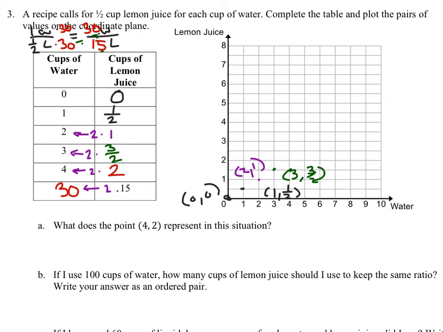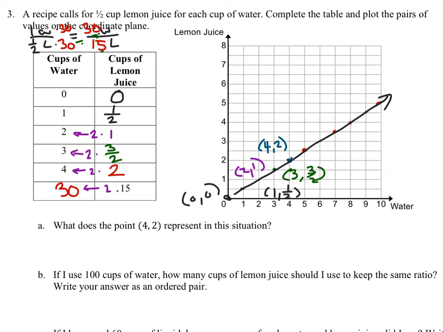And 4, 2. And then finally, well, I guess we can't fit this one, 30 and 15, but hopefully we see that there's a pattern on this. That's just taking this up 1 and 1 each time. And we could connect these points if we wanted to, like this.